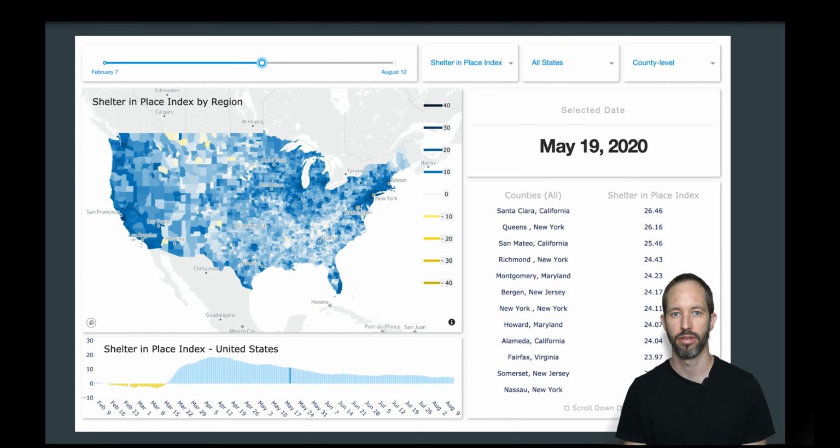SafeGraph aggregates that to a level where it's very difficult, if not impossible, to identify individual people, and then produces metrics like this, the so-called shelter-in-place index. Here we're looking at the US over time, and we can see exactly where and when people were staying inside their homes throughout large chunks of 2020.